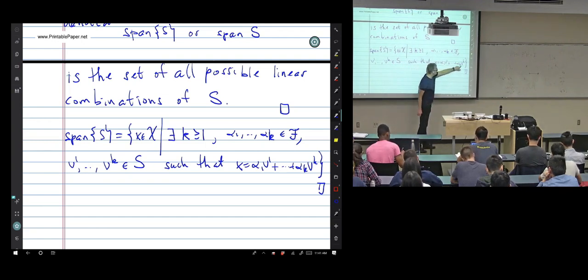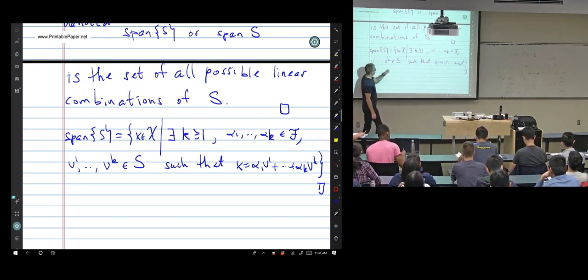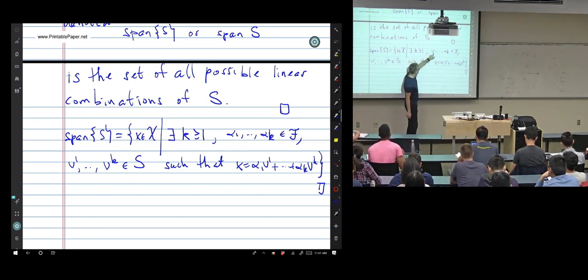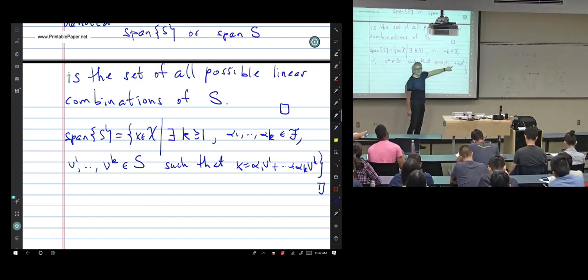Okay, so these are linear combinations. Why is that all possible linear combinations? Because I'm searching over all possible numbers k, all possible coefficients in the field, all possible vectors in S, and forming the linear combination. Okay, so that's the span.